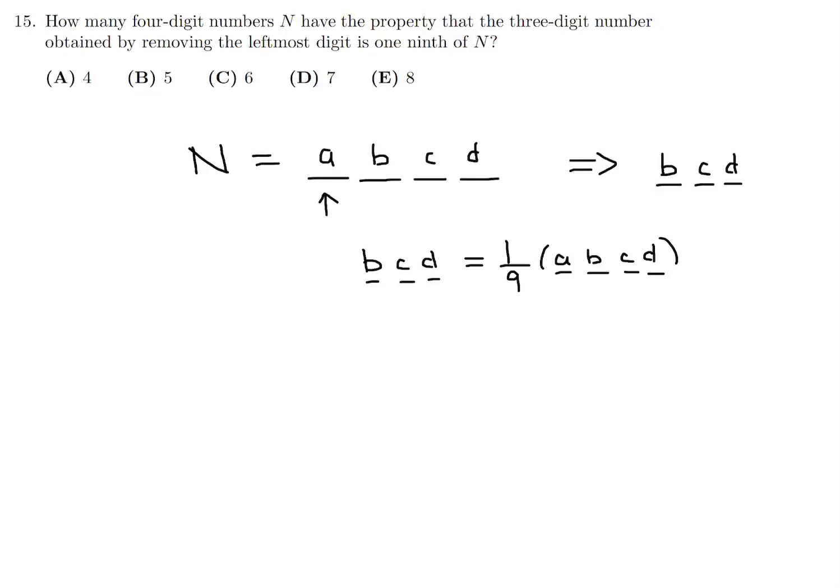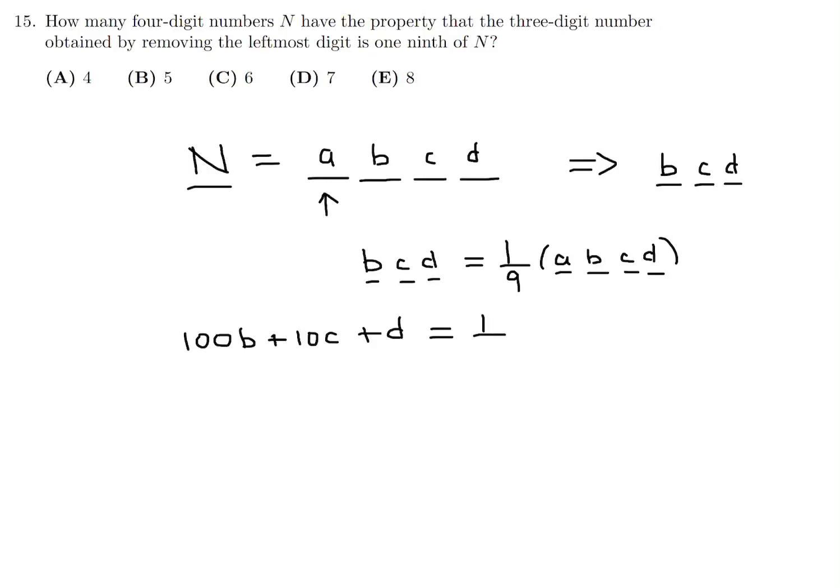All right? So they're wanting you to figure out how many such n's can you get. So the way you would approach this is you would have to start putting this in the form of a number. So for example, if you have BCD, that is really 100B plus 10C plus D, correct? In terms of its value.